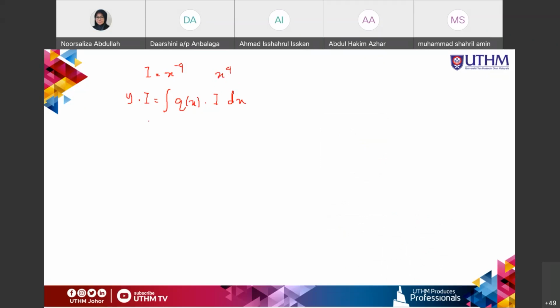So y times x minus 4 equals to integration x power 4 times x minus 4 dx. This one is Qx, this one is I.